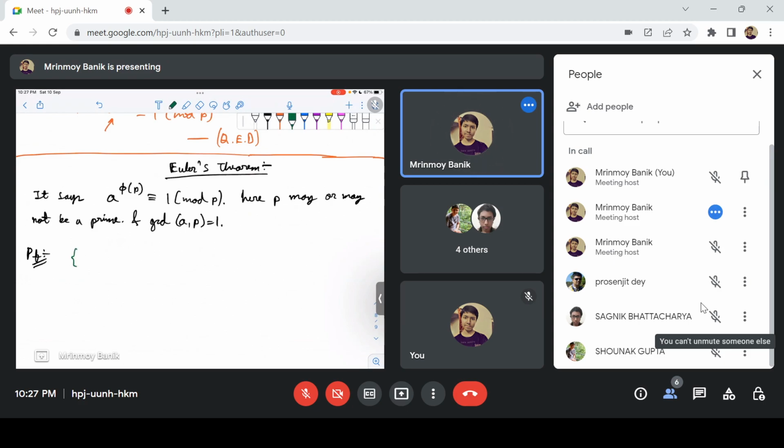We take the reduced residue class of P, but now we are not sure whether it contains exactly P minus 1 things or fewer. So I'm just writing it as R1, R2, R3 up till R phi of P. One thing we're sure about is that it has exactly phi of P many elements. What is phi of P? It is exactly the number of elements in the reduced residue class of P.